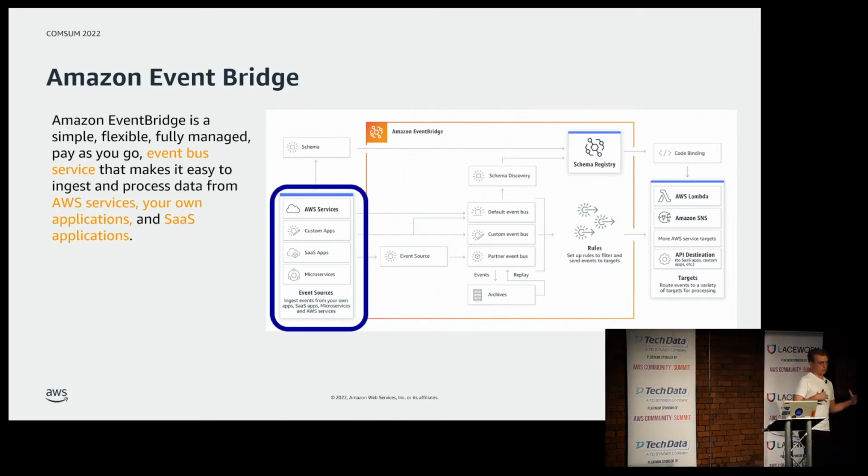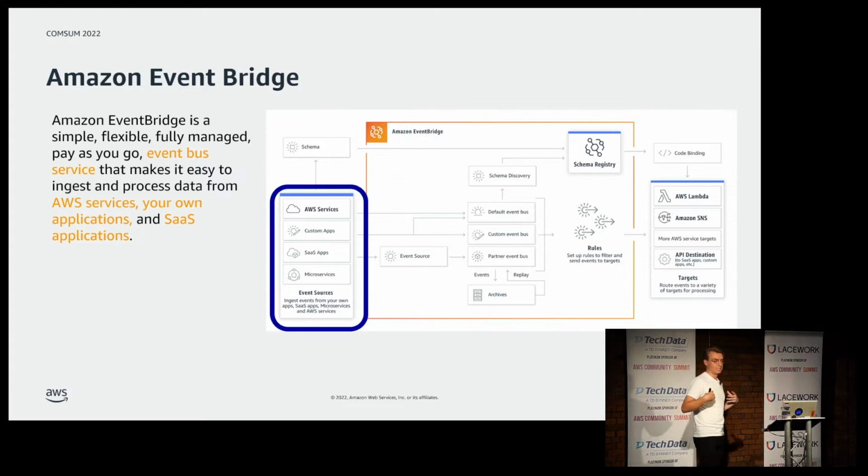From a producer perspective, there's a range of different sources that EventBridge has. One of which being AWS services that you're already using today. If you launch an EC2 instance, that will publish an event to the event bus without you doing anything. If you launch a database, it will publish an event. That is happening right now in all of your AWS accounts without you configuring anything. The second source you can use for EventBridge is your custom applications.